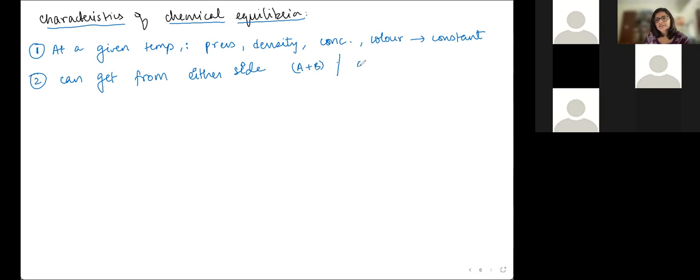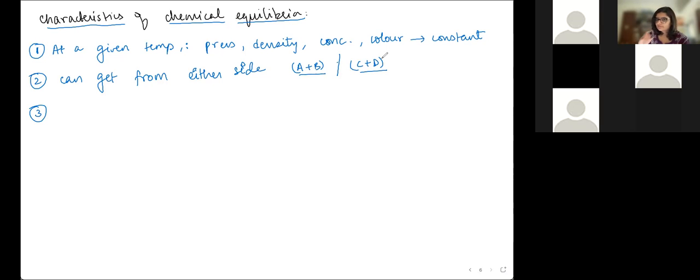Or you can take the product CD, let the reaction happen, A plus B will be formed, and at some point equilibrium will happen. So agar koi reaction mein you see that equilibrium is happening, it means that it doesn't matter whether you start from the forward side or the backward side. You can take either this as the reactant or this as the reactant. Doesn't matter, you'll still get equilibrium.